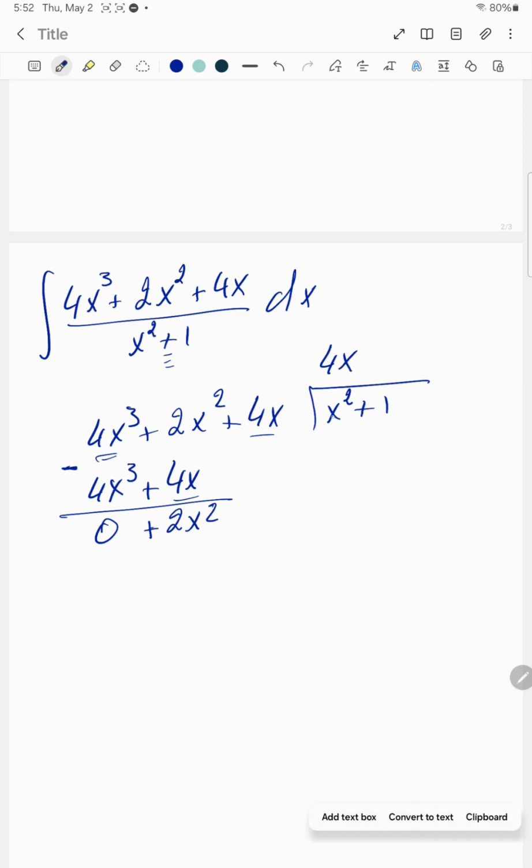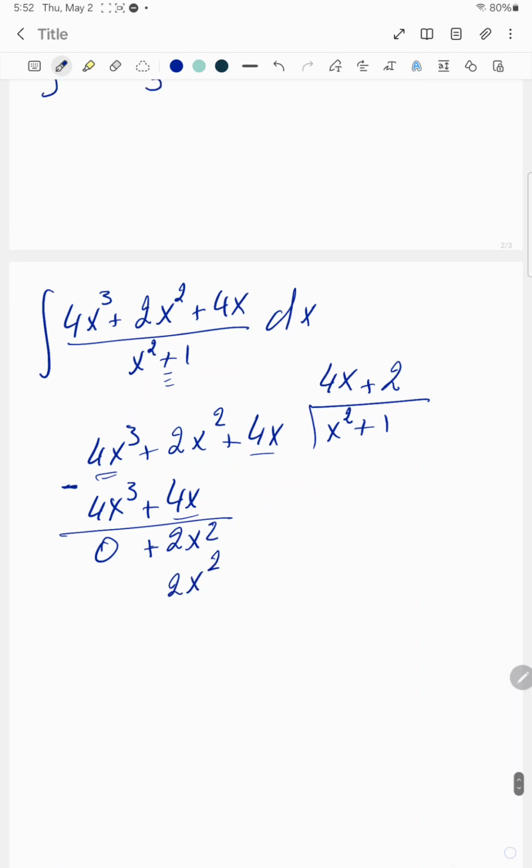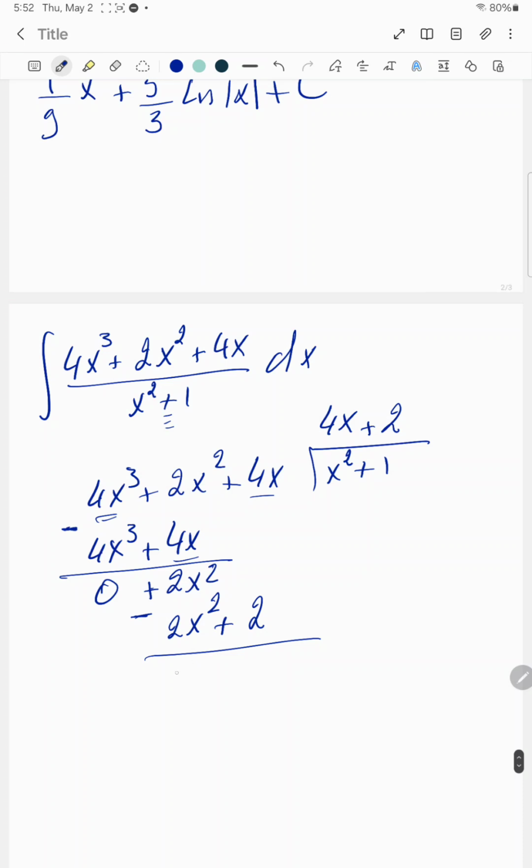And now I have to multiply something by x squared to have 2x squared, and my answer is 2. 2 times x squared is 2x squared. 2 times 1 is 2. And I have to subtract those two. 2x squared minus 2x squared is 0, and minus 2.